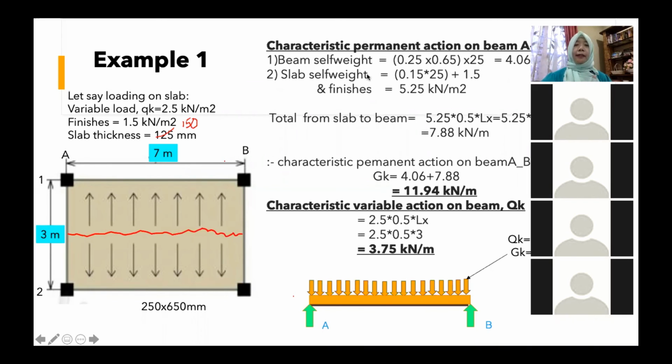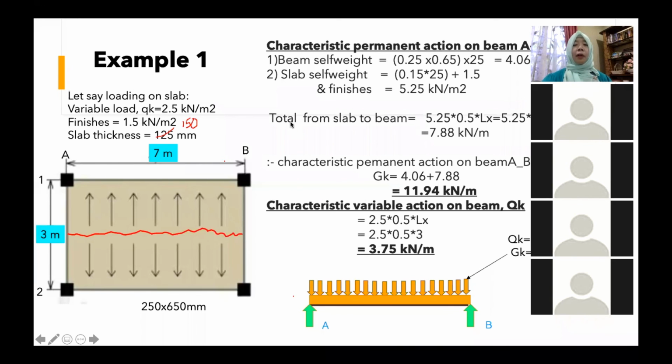The slab self weight is the thickness of the slab times the density of concrete, 25, plus 1.5 due to finishes here. So the total GK on the slab is 5.25 kilonewton per meter square. Because this is a beam, we don't want per meter square, we want per meter run of the beam.